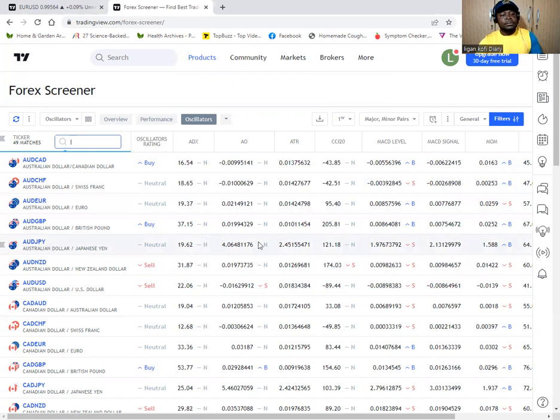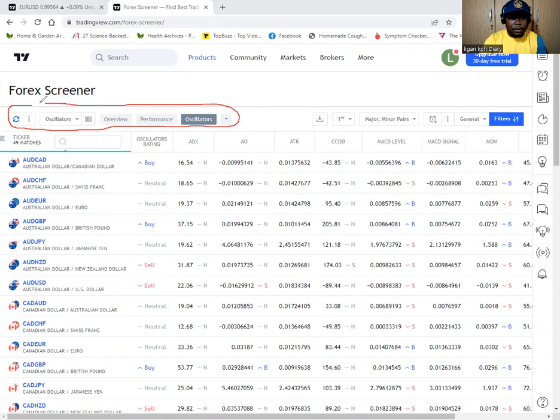Now, on this screener aspect, if you look at the top here, there is a top menu. Let me take my time to explain this. You know how I do it already. I don't rush. So there is a menu at the top here. There is this menu here. Good. See that? There is also another menu here.